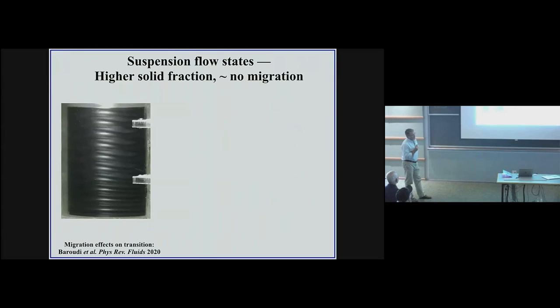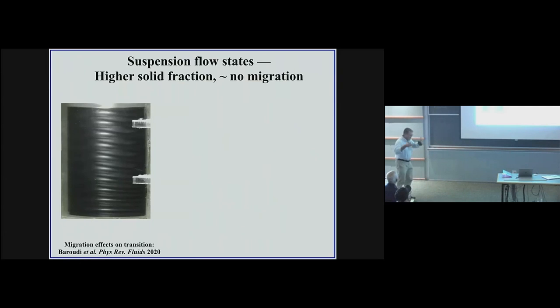But we wanted to understand this flow also without migration, right? So I love particle migration, but in this case, we wanted to avoid it. And it turns out the migration has quite major effects on the transition, and we've studied that later, but I'm going to describe work where we tried to avoid the migration. So how do we do that?